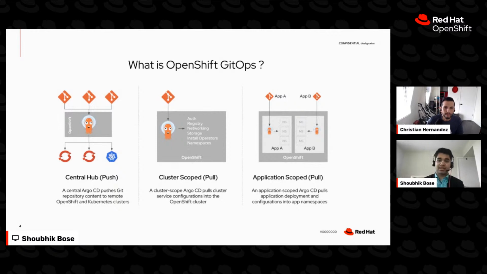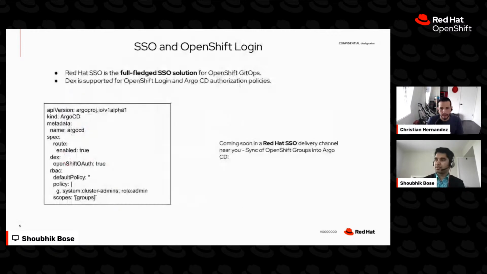And of course, the other mechanism is, hey, I've got these 100 clusters sitting out there, and I need to centrally manage all of these. So you could have OpenShift GitOps on one cluster and manage 100 clusters using it, even though you may not necessarily be managing your own cluster with it. So these are the different mechanisms which OpenShift GitOps makes it easy for you to use on an OpenShift cluster with Argo CD.